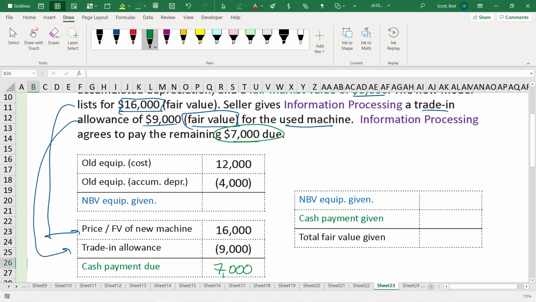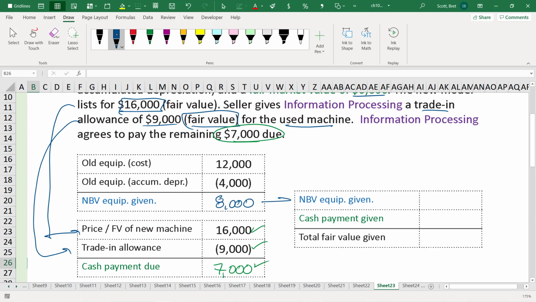So, I'm getting the machine, price of $16,000, I'm giving the seller $9,000 trade-in value for my old machine, and I'm also giving the seller $7,000. On my books, now this is kind of like fair value stuff down below, but on my books, what am I giving? Well, the net book value of the equipment is $8,000.